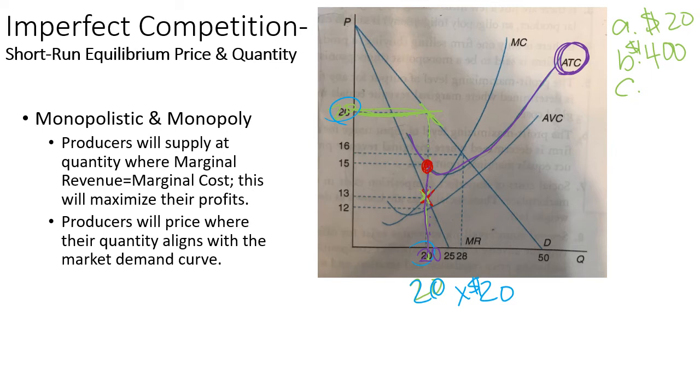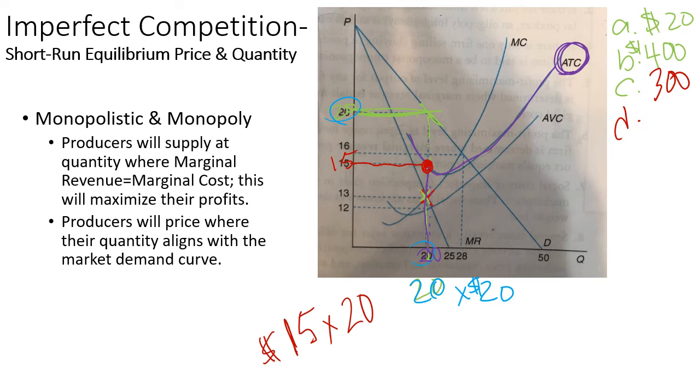So our average total cost is 15. So it costs $15 to produce each unit, and we are producing 20 of them. So the total cost is 15 times 20, which is $300.